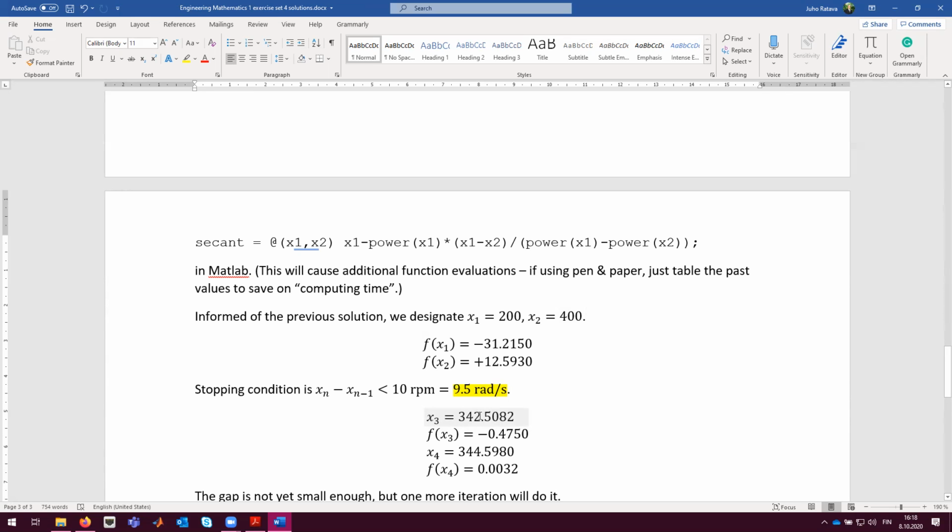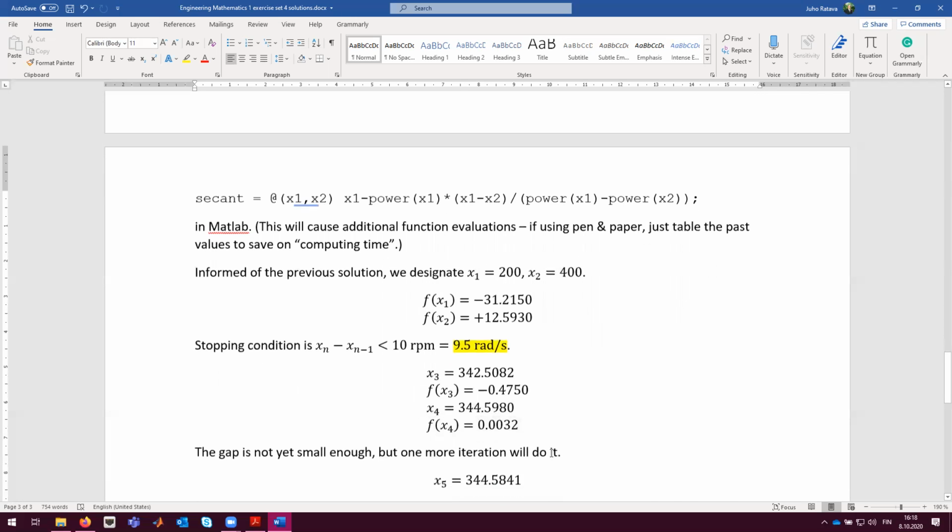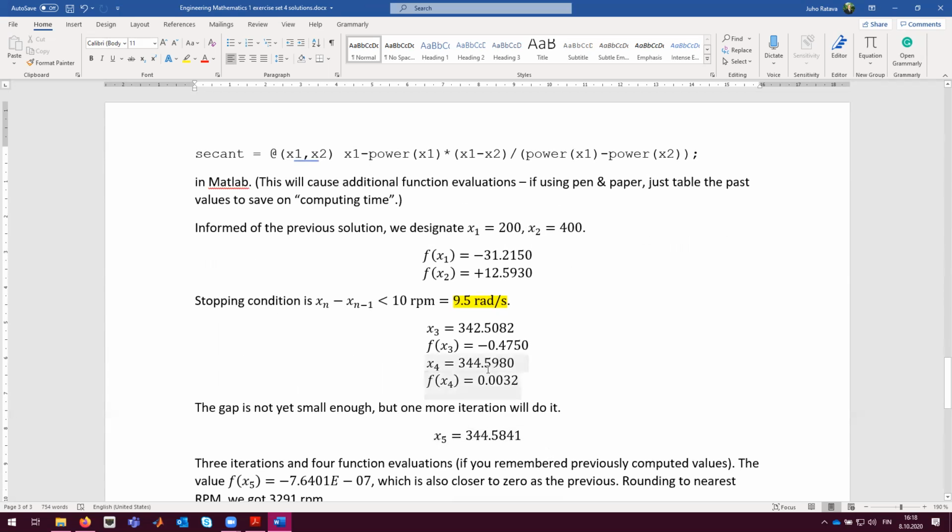And then start after first step calculating second value, you should get this point. We can check how close we are, and we're going to need this value anyway for the function evaluation phase on the next part. And then next step should get you to 344.59. These are already pretty close. But the change here is not small enough.